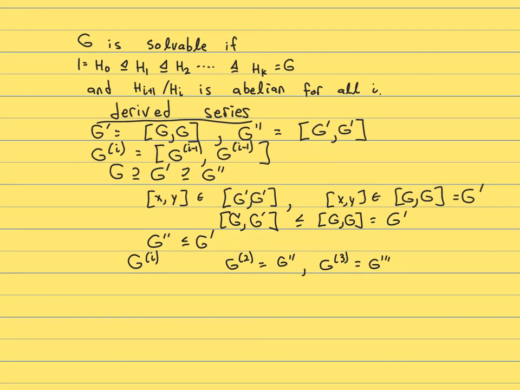And so we actually have the sequence of the derived series. Unlike the upper central series, which starts at the trivial subgroup and gets bigger and bigger, here we start at G and we get smaller and smaller.